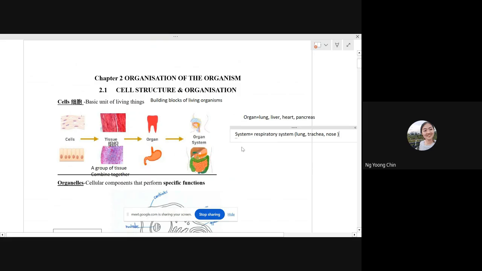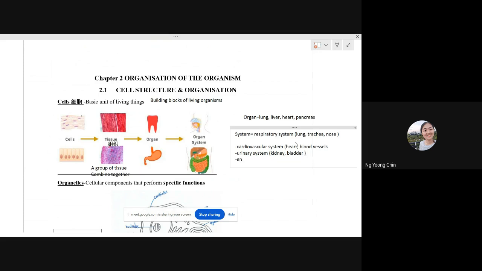So in our body, we have a lot of systems, not only respiratory, but we also have the cardiovascular system, which refers to our heart and blood vessels. And we also have the urinary system, which consists of the kidney, bladder, and so on.